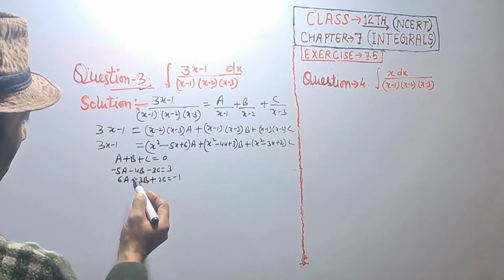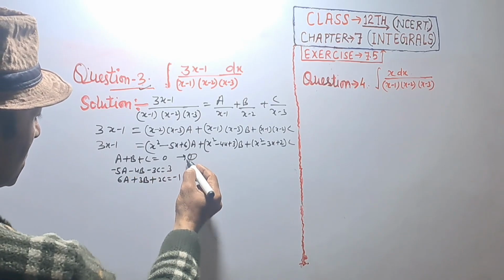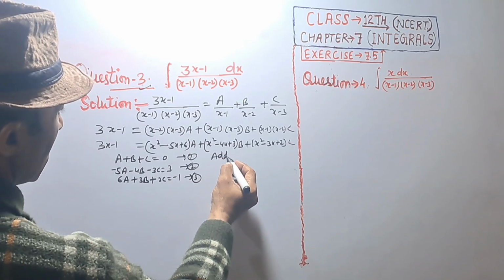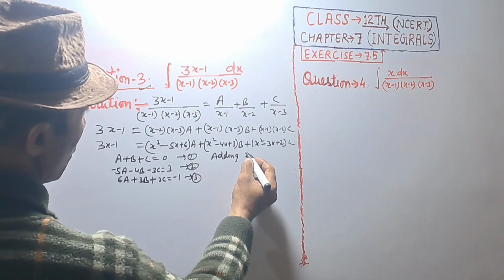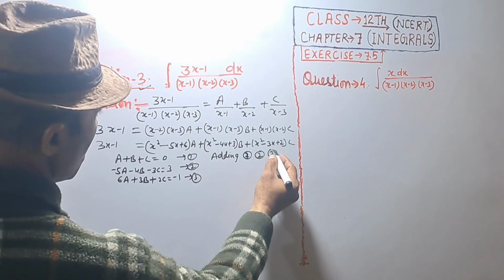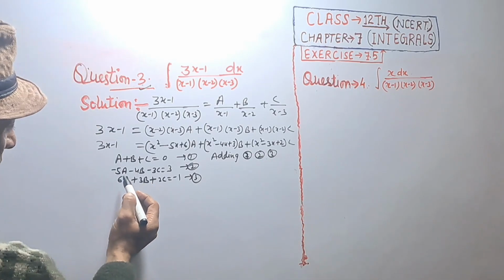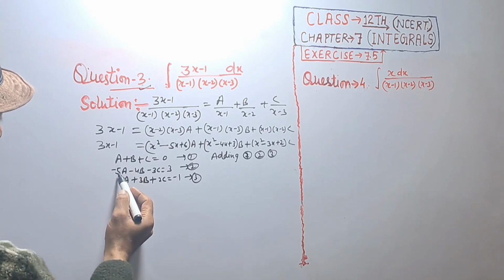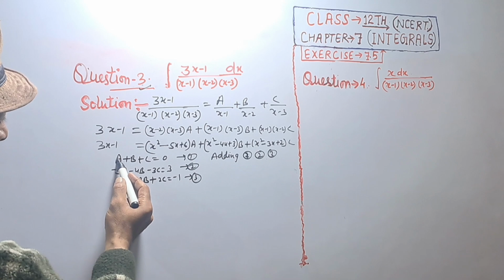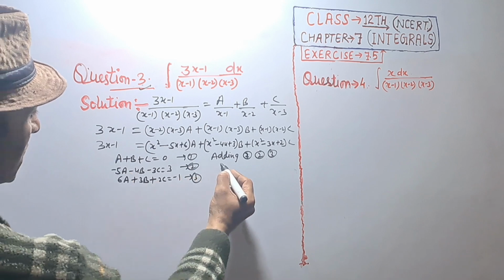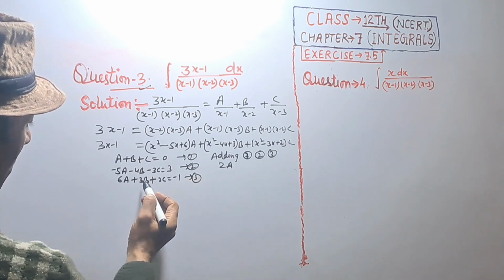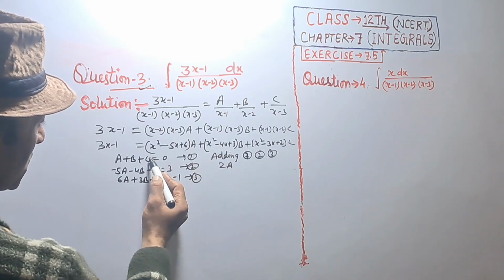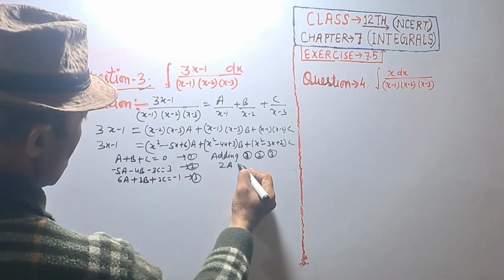First of all, we add the first, second and third equations. We get 6A plus A minus 5A, that is equal to 2A. 4B minus 4B is 0, and 2C plus C, 3C minus 3C is 0.